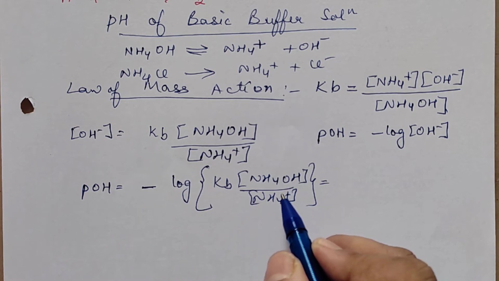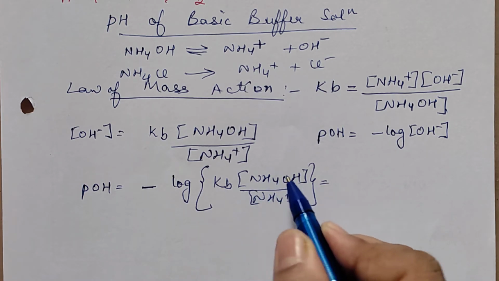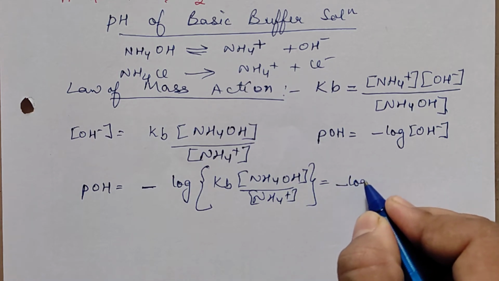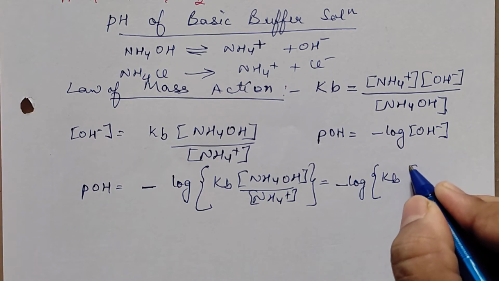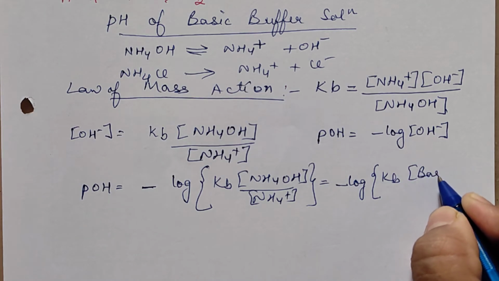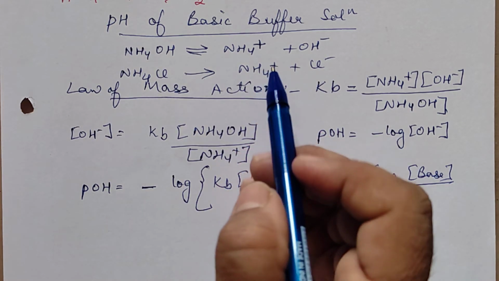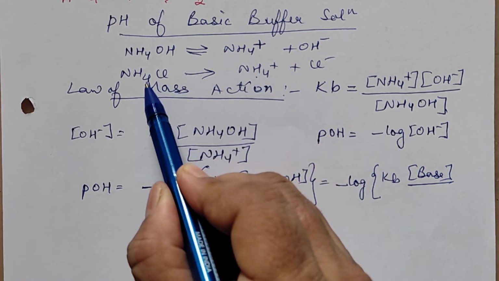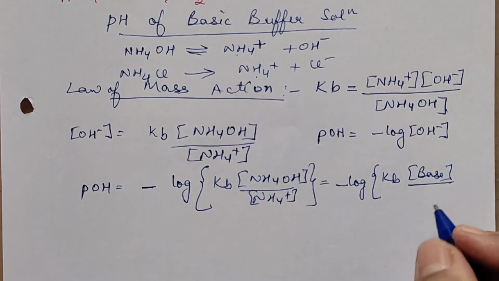I told you, like in the acidic buffer also, instead of ammonium hydroxide we can simply write the concentration of base. We can write this as Kb into the concentration of base, right? And this we can write as the concentration of the salt, because this ammonium ion we are mainly getting from the salt. The first equation is reversible, so whatever is formed also forms the reactant.